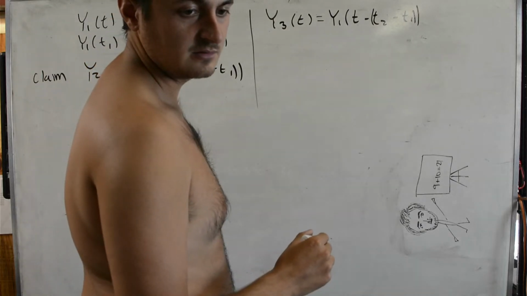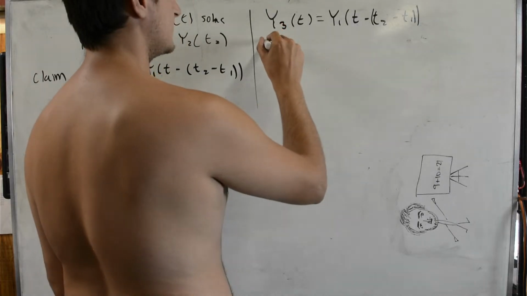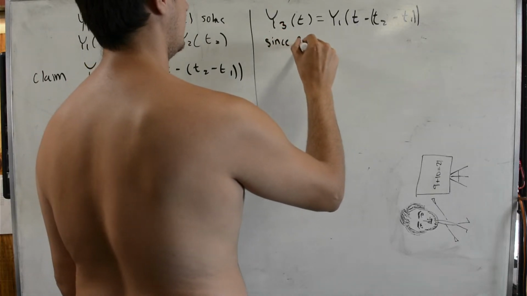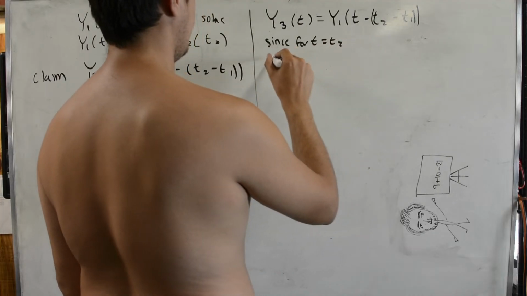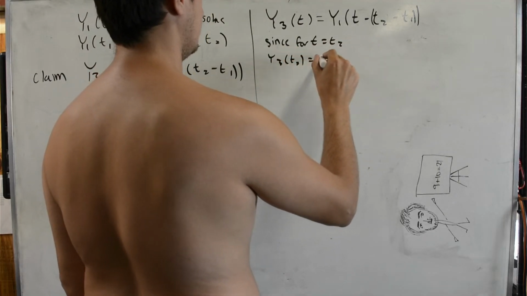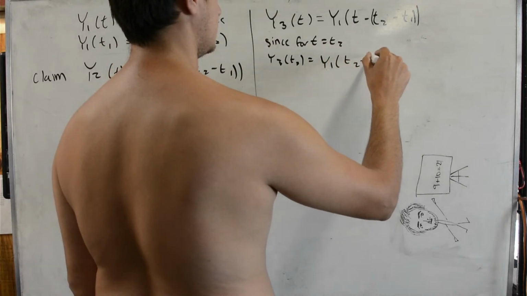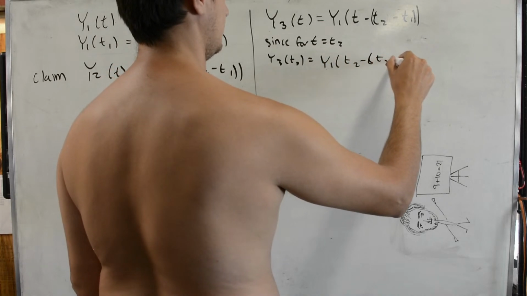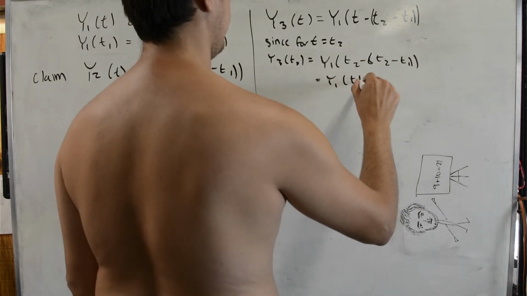Then since for t equal to t2, we get y3 of t2 is equal to y1 of t2 minus (t2 minus t1), which is equal to y1 of t1.